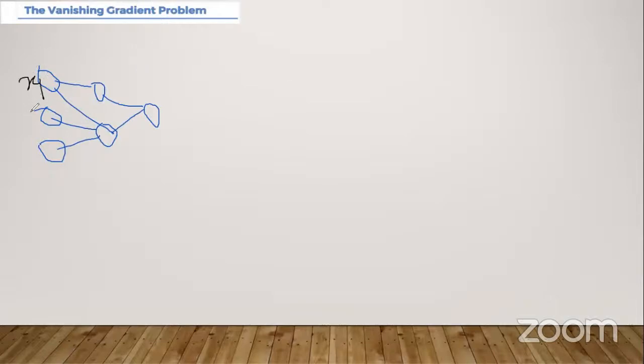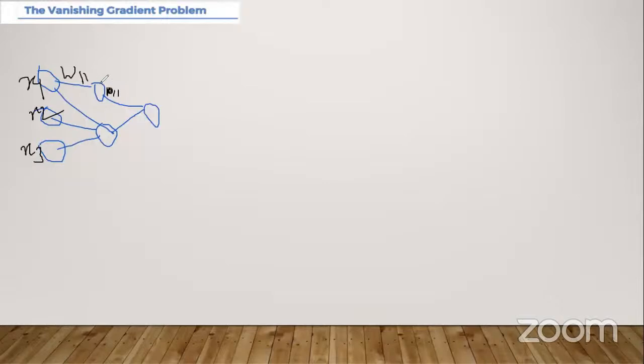So this is my x1, this is x2, and this is x3. Right? This is weight number 11, because this is the first layer and first weight. Then let's say this is my hidden layer, and after that hidden layer I am getting output as O11.